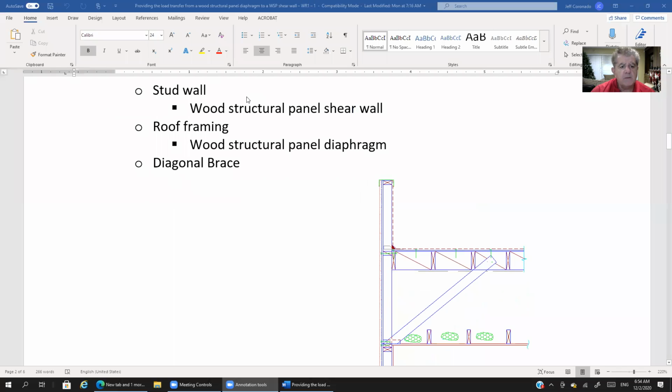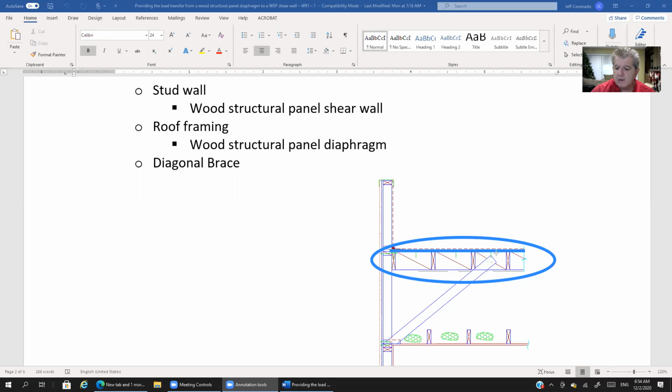What else do we have here? We have roof framing, yes. The roof framing is this assembly right here. Again, we've got a wood structural panel diaphragm. Here's the wood structural panel right here.